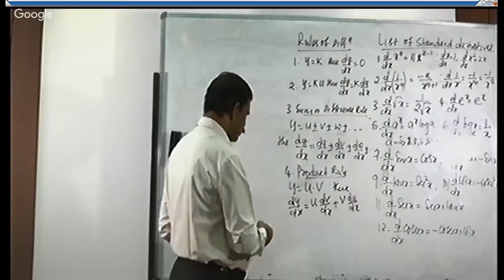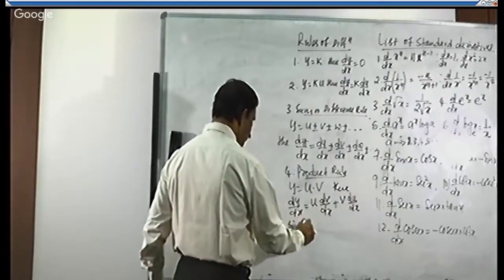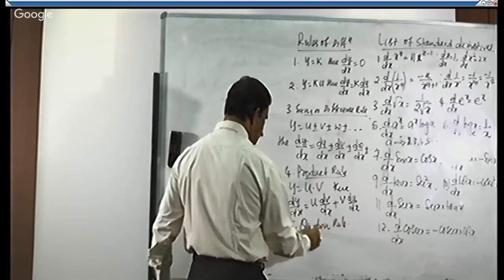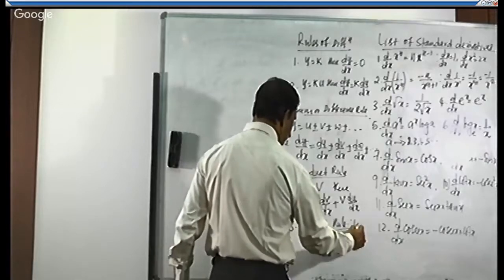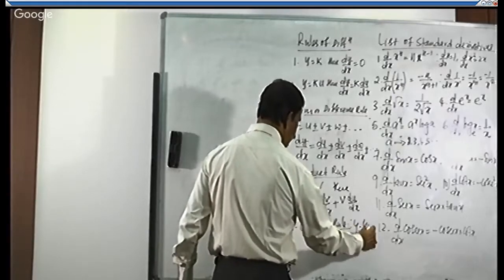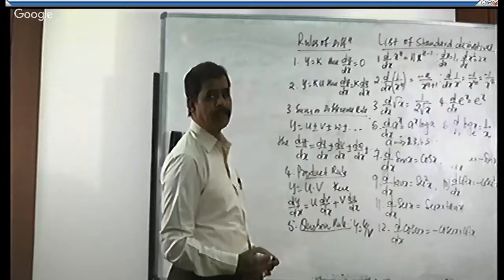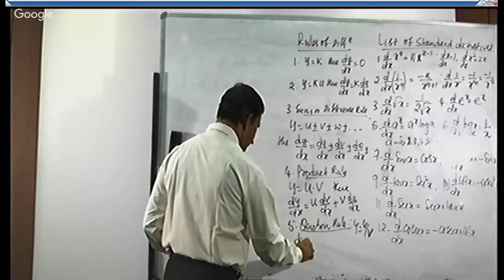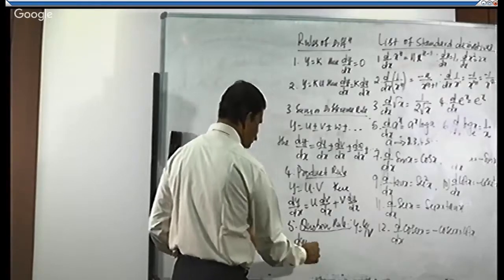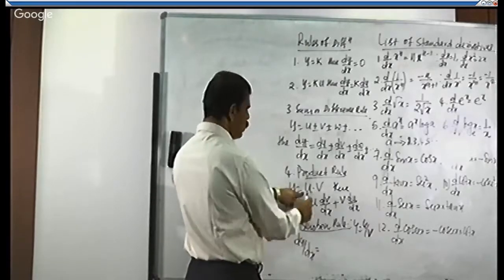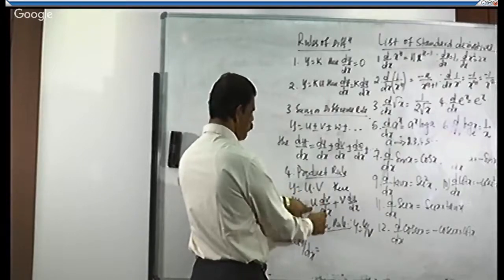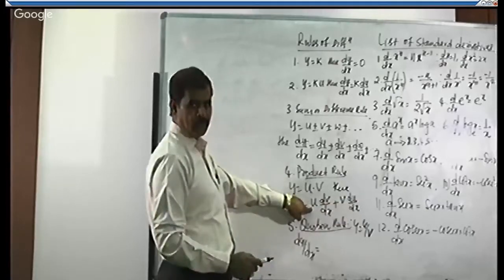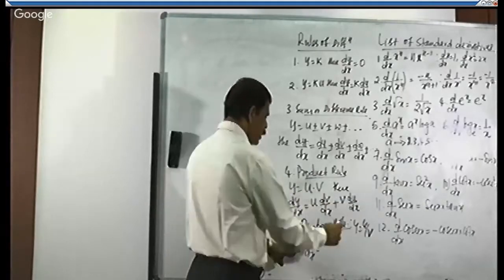Right? Next, fifth one, quotient rule. If y is equal to u by v, u and v should be functions of x. Then dy by dx is equal to, so in product rule it is u into v. We have started with u, differentiated v, plus kept v as it is, differentiated u. Correct? In quotient rule it is u by v.